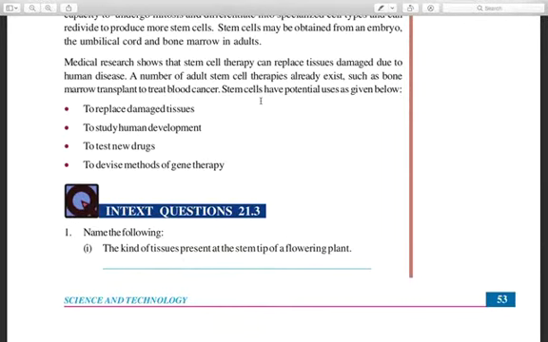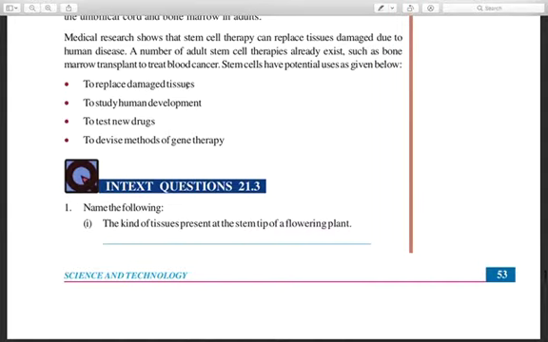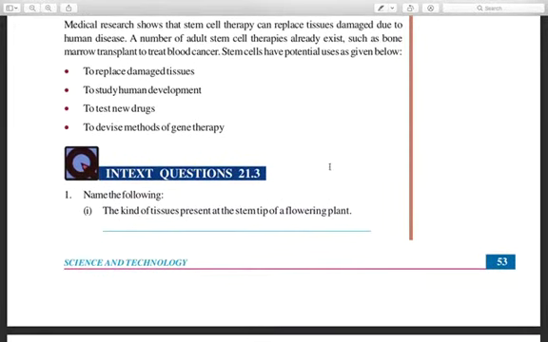And there are some uses of stem cells. To replace damaged tissues, we use stem cells. And to study human development, like how different cells are formed from the stem cells. To test new drugs, if we have some disease, we can use stem cells, apply these drugs and test them.